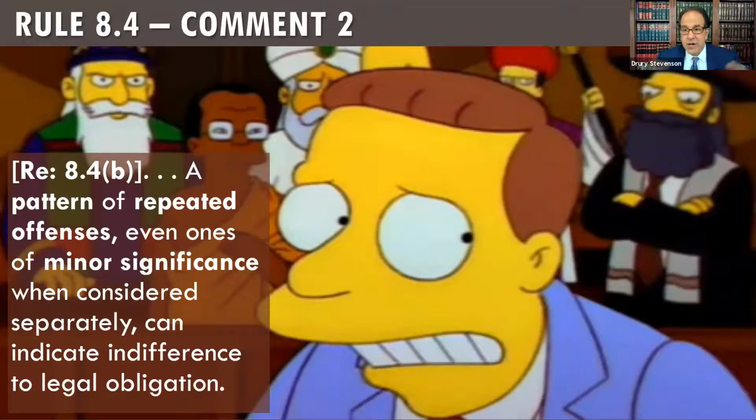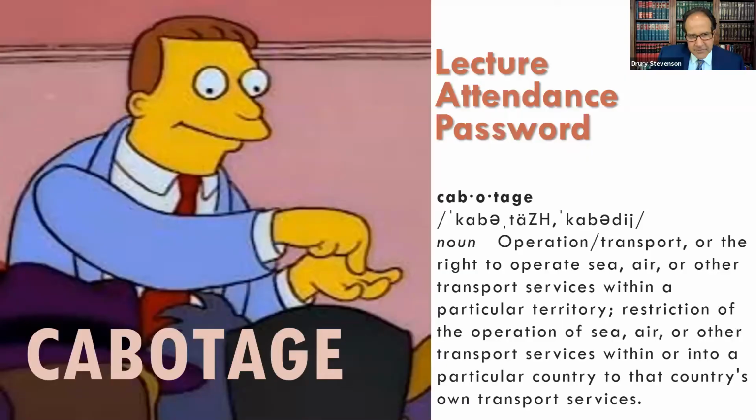But the fact that there are hundreds of these suggests that this lawyer is a scofflaw, doesn't have any concern about the law or the rules or the system and so forth. So we can aggregate a lot of minor offenses for purposes of discipline if there are enough of them.